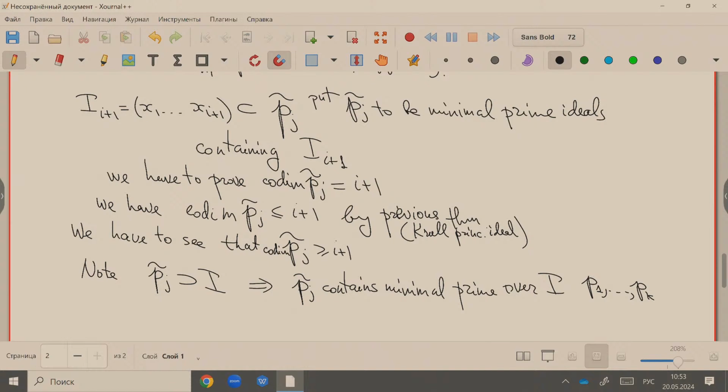So these are prime ideals. And by the existence of x_{i+1} that is lying in Pj tilde, and x_{i+1} that is not inside this other PL.